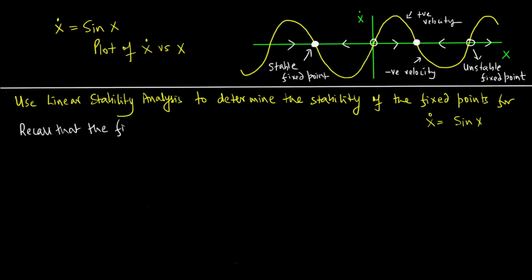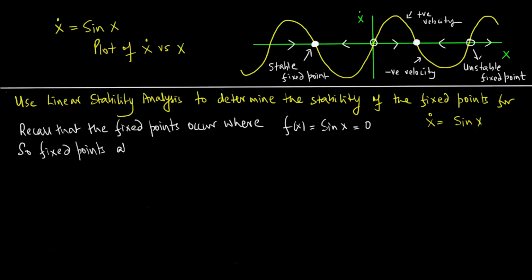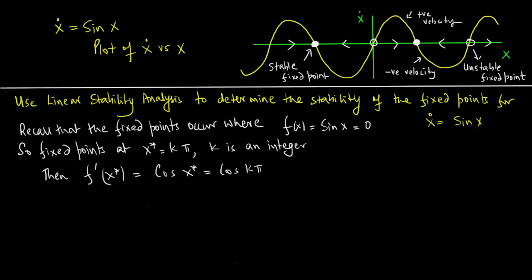Recall that the fixed points occur where f of x is equal to sine x is equal to 0. So the fixed points are at x star is equal to k pi, where k is an integer. Then f prime of x star is equal to cos of x star, which is equal to cos of k pi, which is equal to 1 if k is even and minus 1 if k is odd.